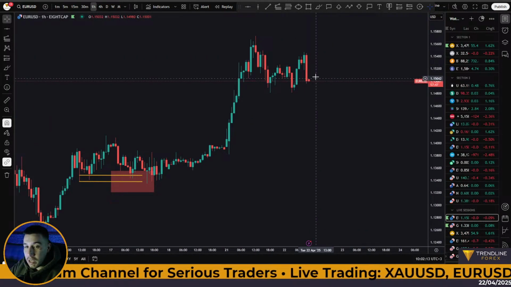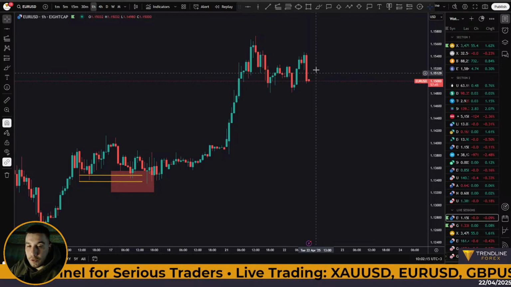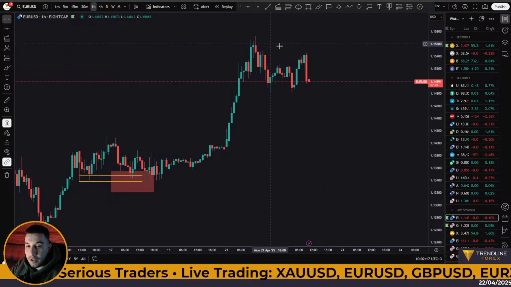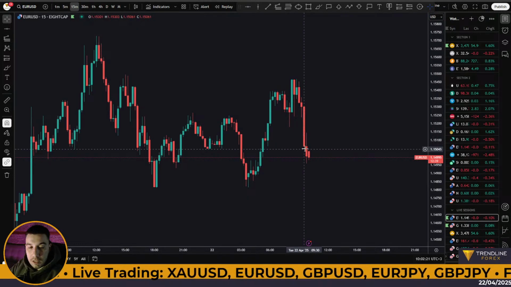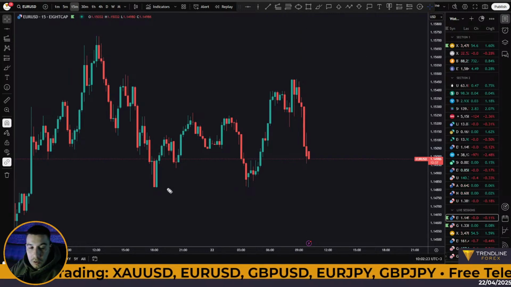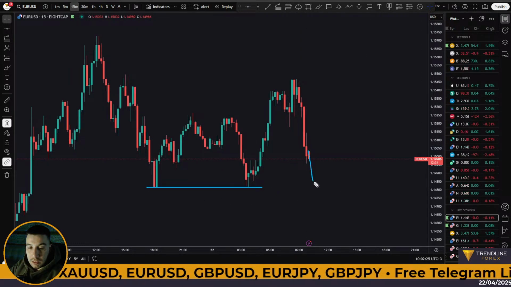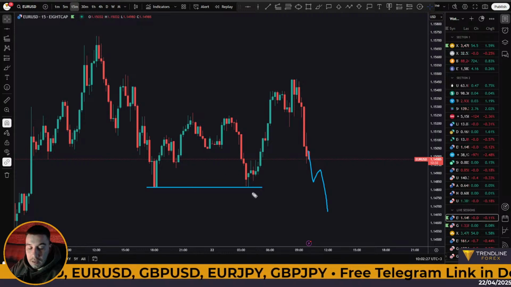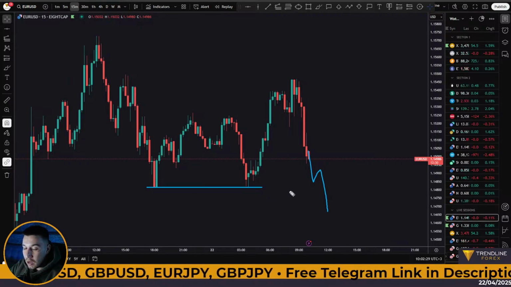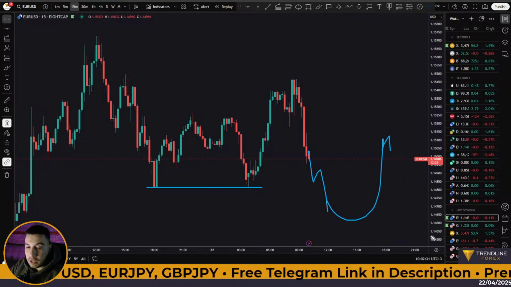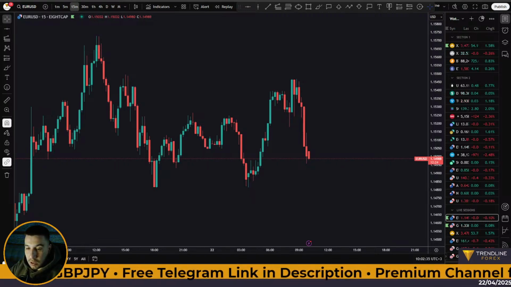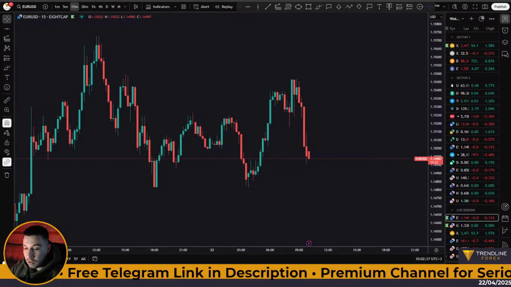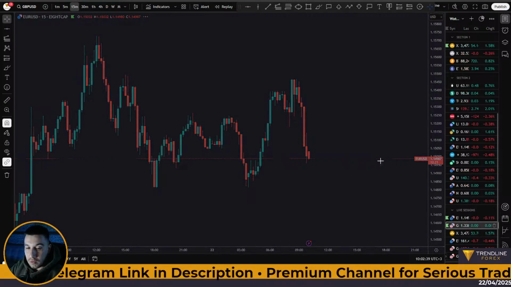So this is what makes me expect for price to break above the current resistance. All right, so I'm going to be observing price action right here, but ideally I want to see the market taking these most recent lows out and then going back to the upside. That would be a really good setup, in my opinion and according to my strategy.